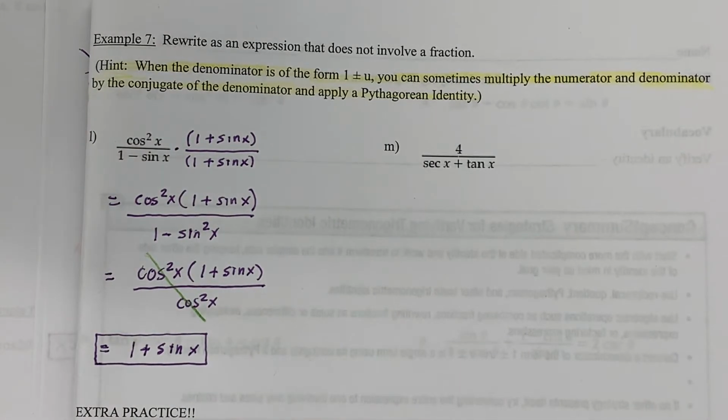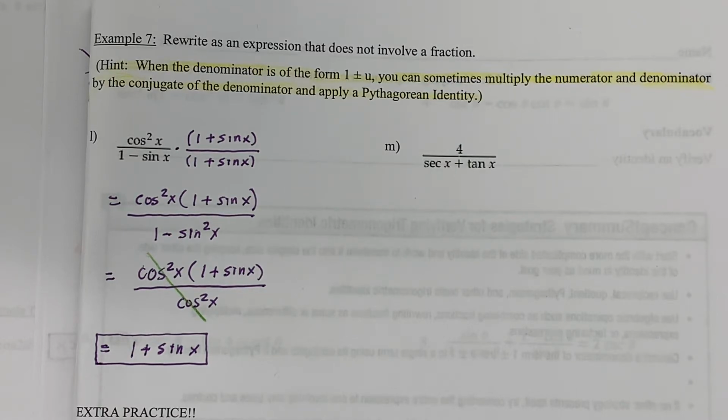Okay, letter M. We have 4 divided by secant x plus tan x. My denominator has 2 values that's not squared and being added together. So I could simplify this by multiplying the numerator and the denominator by the conjugate.